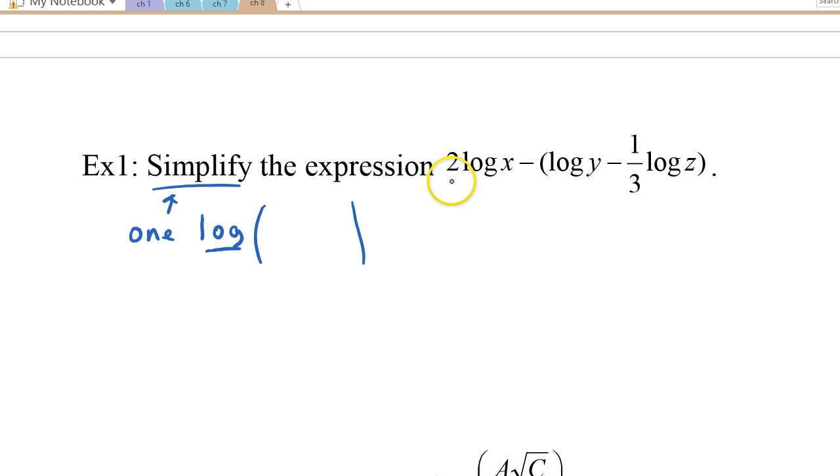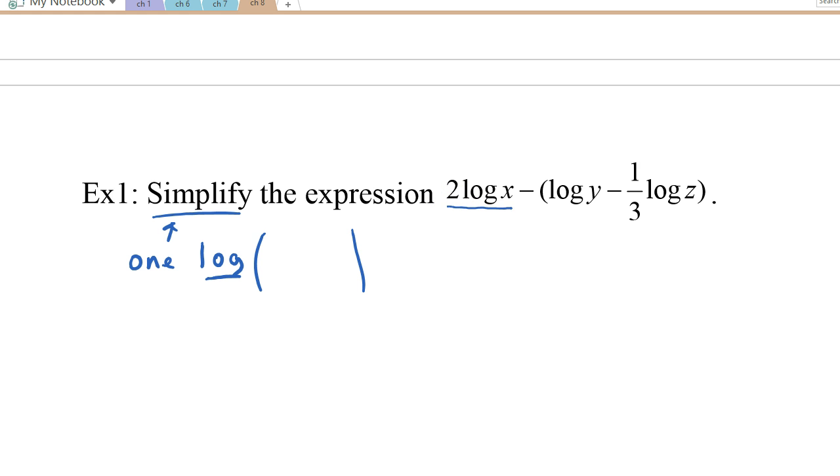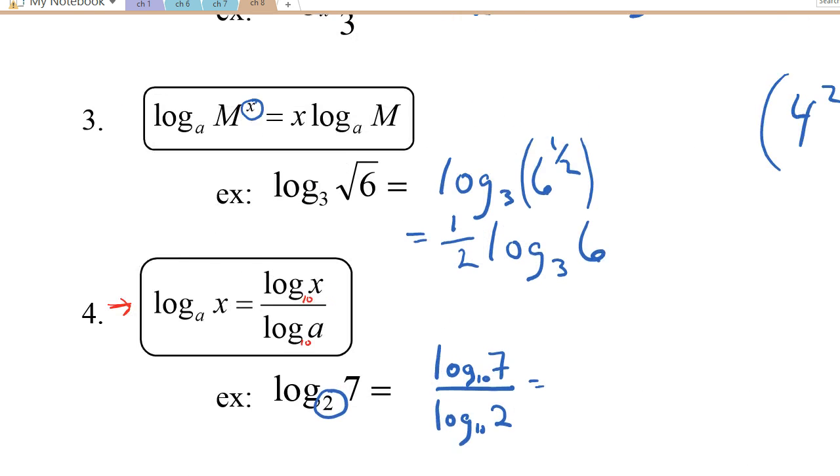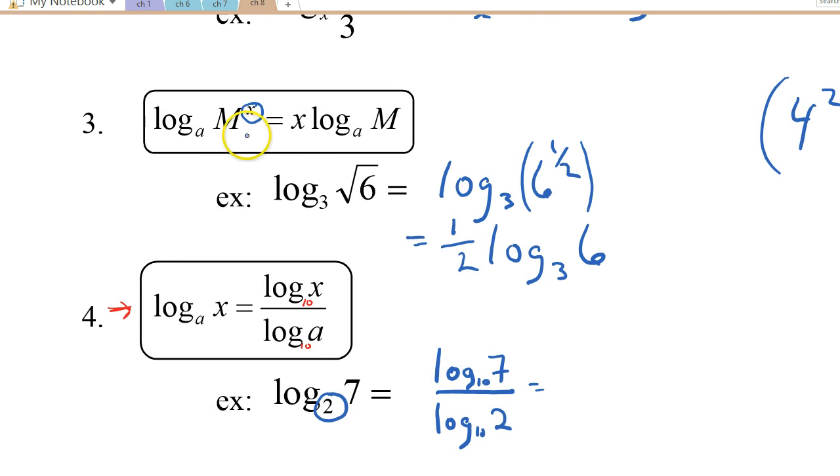First of all, I've got 2 times the log of x. Now that makes me think of what happened here, right? This would be the 2 times the log of some number. So if I want to put this inside of the log, that 2, in this case it's an x because it's the generic form, is going to be the power.